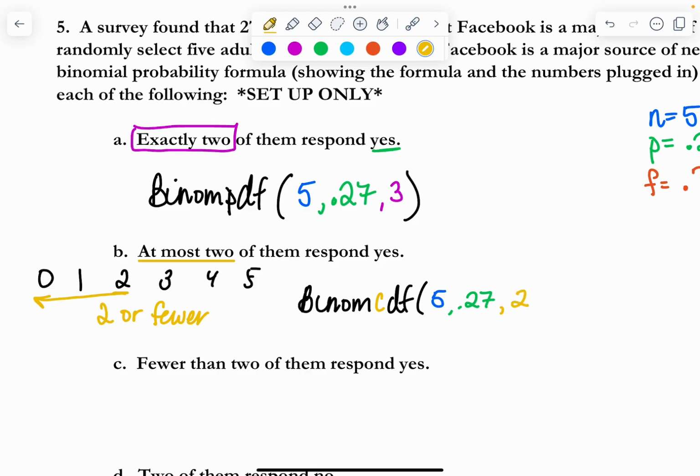So we're going to put a 2 in there, and that's what we would type in to get this probability. So PDF does exactly, CDF does fewer, to the left, and then 1 minus binom CDF gets you the probability to the right.